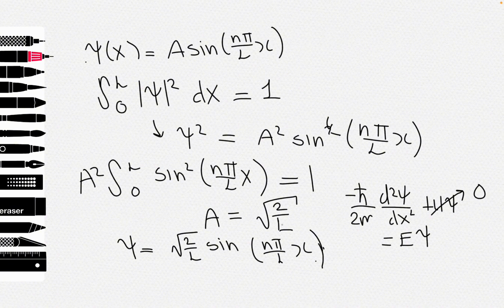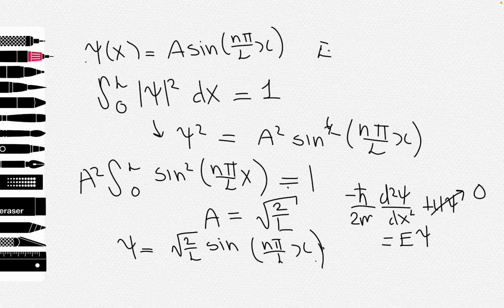So again, ignoring the super tedious math, if you were to take the second derivative and plug everything in to the Schrödinger equation right here and solve for E, you would get this result. So let me go up here.